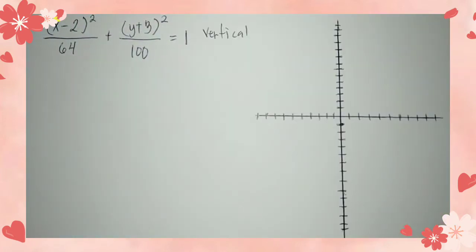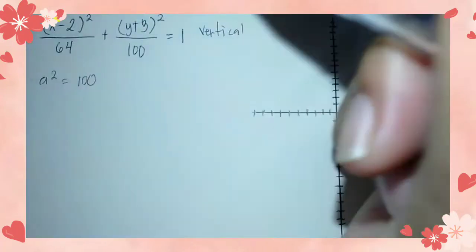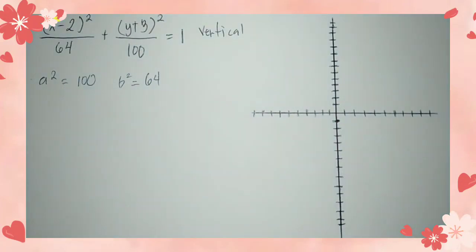Then, the next thing to do is, of course, to find a, b, and c. How are you going to find a, b, and c? Of course, kuhain muna natin si a squared is equal to 100. And ang ating b squared is equal to 64. Alright? Then, we're going to extract square root and able for us to find a and b. And then cancel.